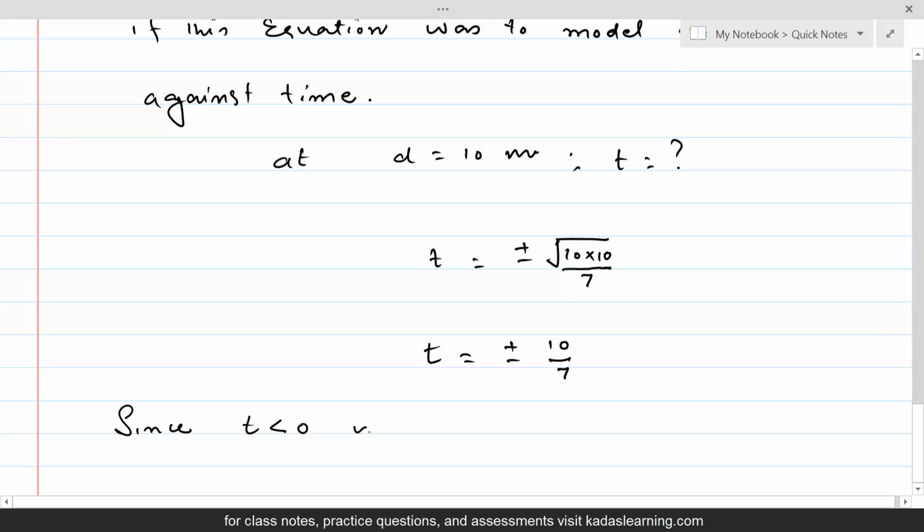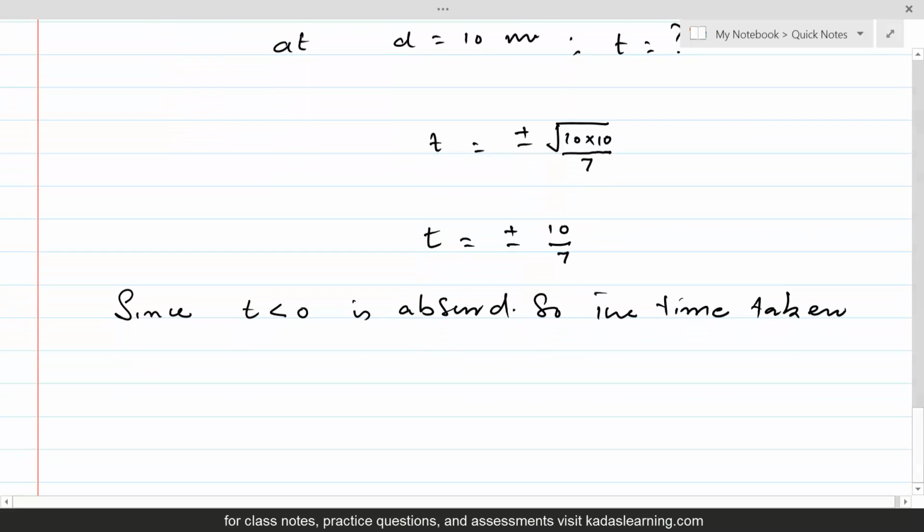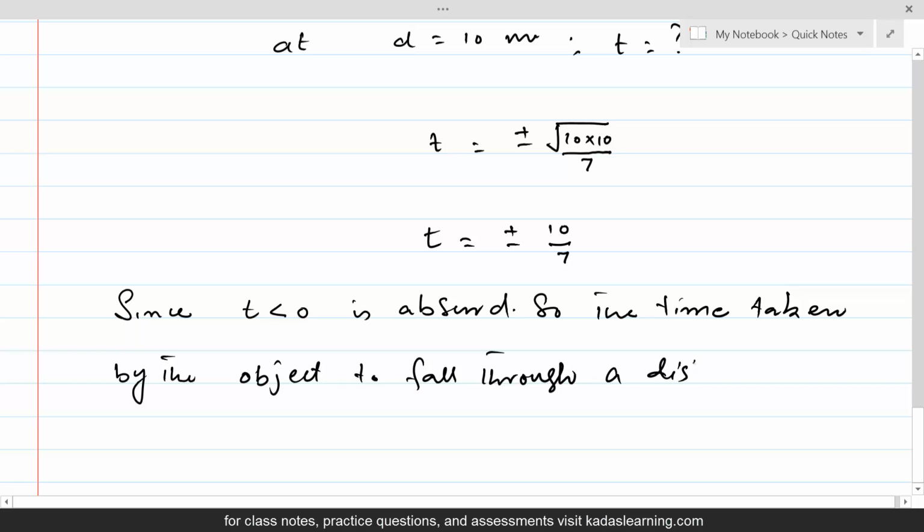t less than 0 is absurd, so the time taken by the object to fall through a distance of 10 meters is t is equal to 10 over 7 seconds.